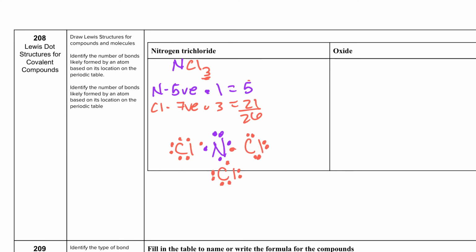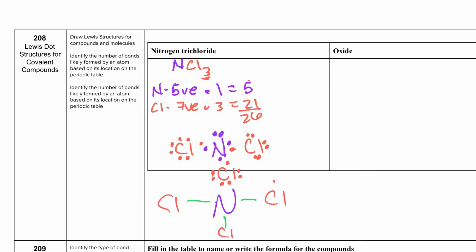Now, if you can see where the purple and red are together next to each other, that's a bond. So we can rewrite our structure as N, and then a line between where the bonded electrons are.